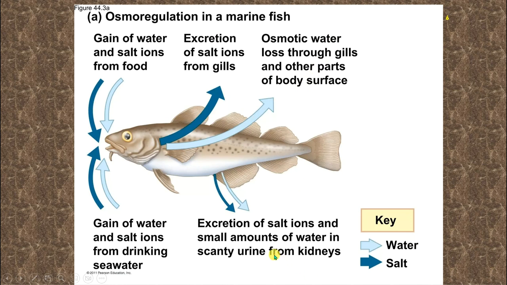Hence, the net excretion of salt ions and small amounts of water in scanty urine from the kidneys maintains the osmoregulation of the marine fish. Here, the two important key factors are water and salt. Both of these balance the osmoregulation in a marine fish so that it will not shrink in size.